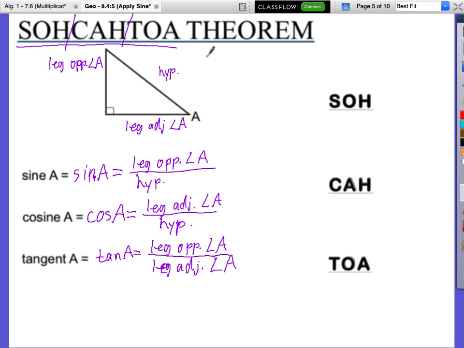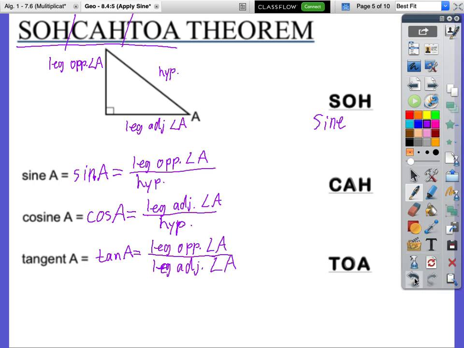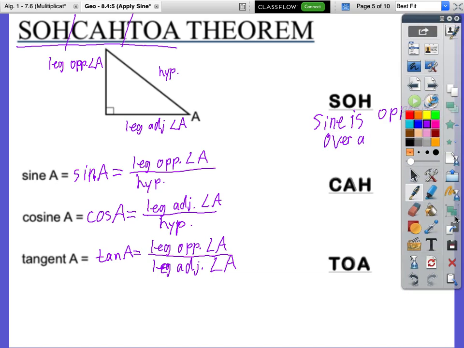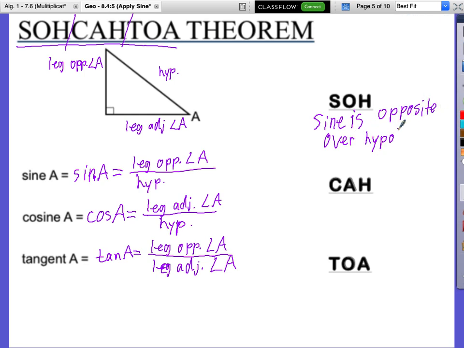The first 3 letters, SOH: it's going to be sine. Sine is opposite over hypotenuse.